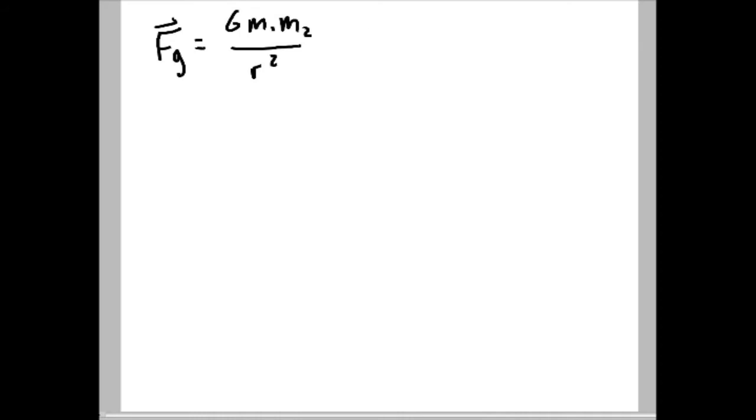Now, G for our universe is 6.67 times 10 to the negative 11th, but again, that's just for our universe. Now, whenever you're working a problem like this, oftentimes there's a really popular multiple choice question, and it looks something like this.